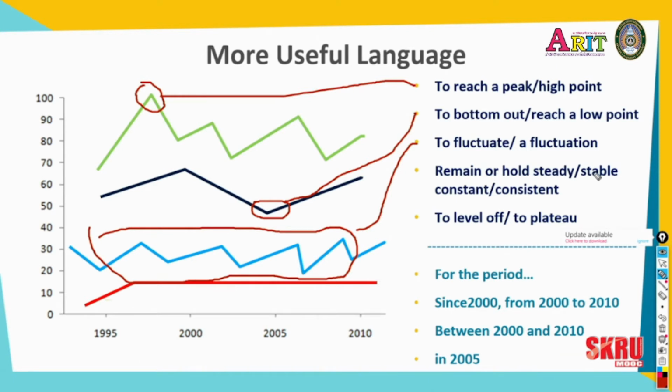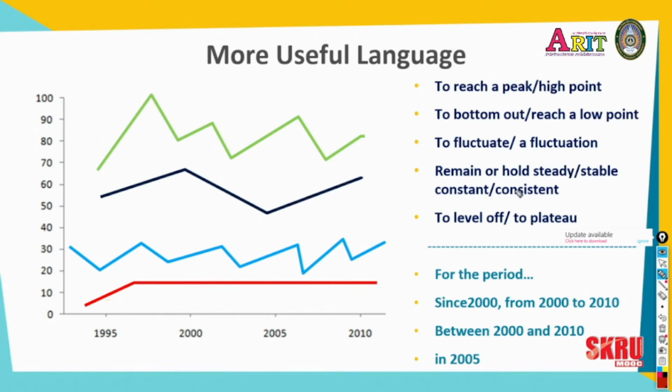Remain or hold steady, stable, and we can see that on the red line. There's no change in the numbers. It stays steady. Remain constant. Remain consistent. When we have a rise or fall before the flat area, we can use the term to level off or to plateau.